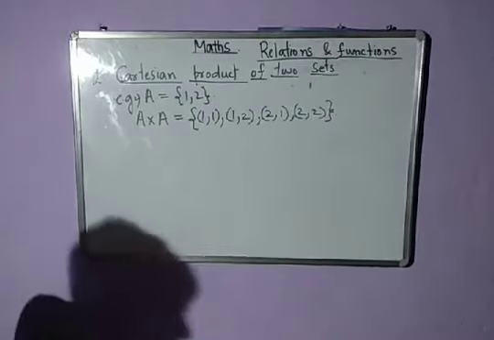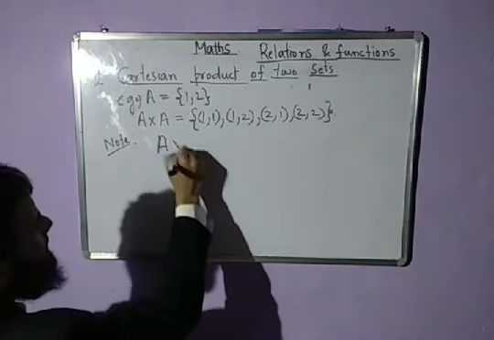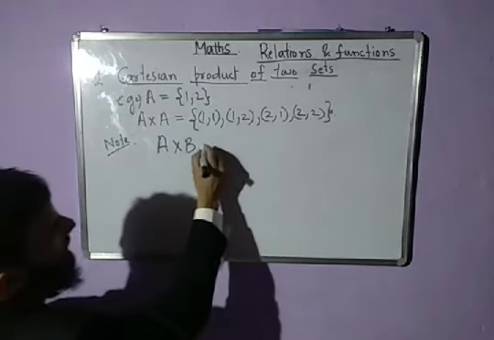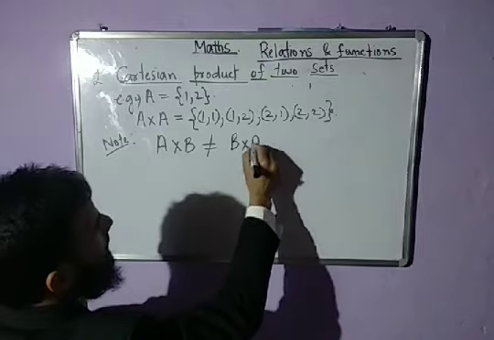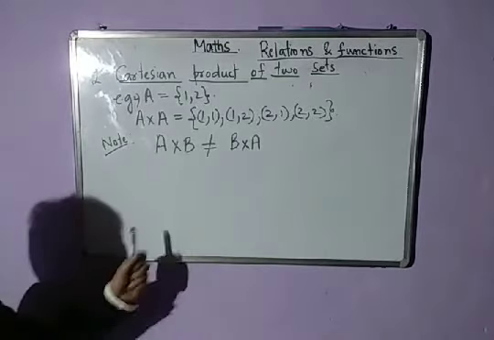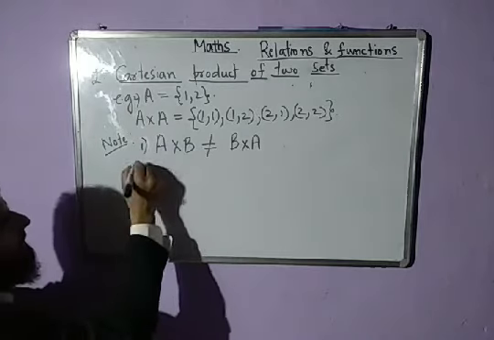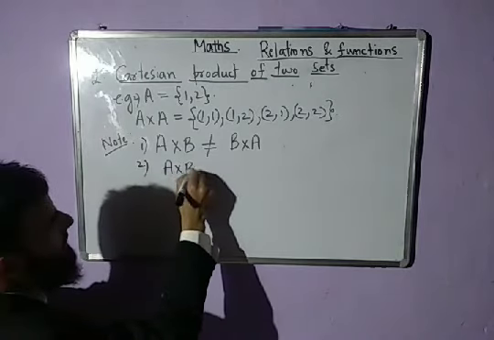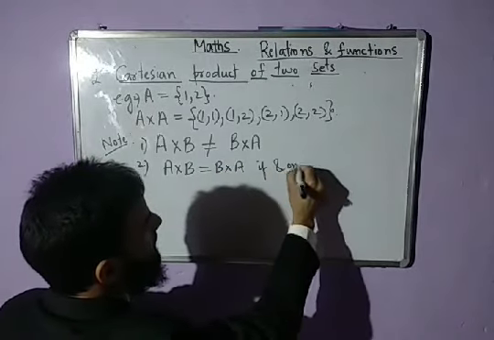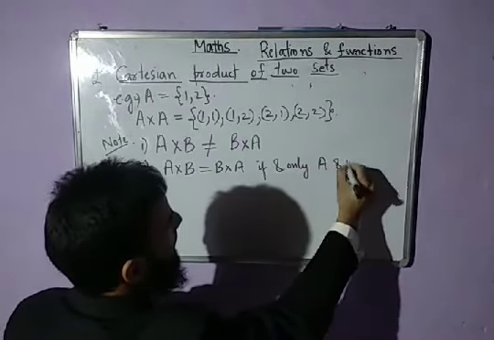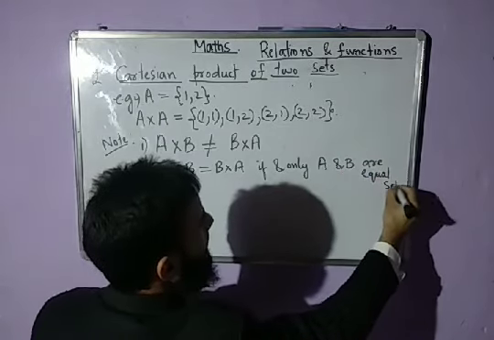Now I want to write a note. As we discussed earlier, A cross B is generally not equal to B cross A. Yes, it is equal to B cross A when the two sets are equal. So I can say A cross B is equal to B cross A if and only if A and B are equal sets.